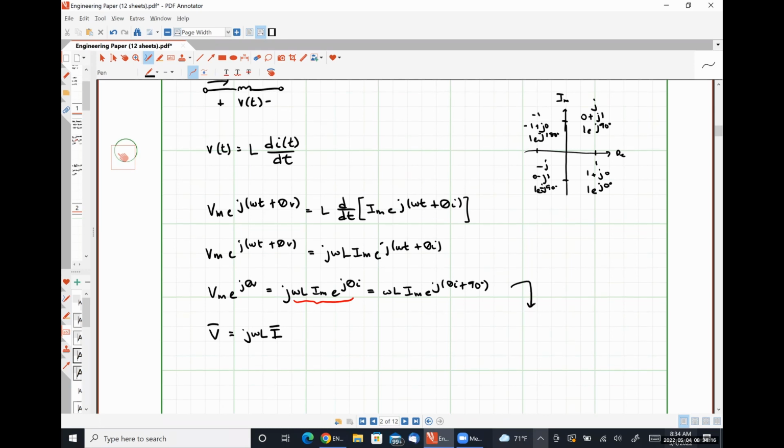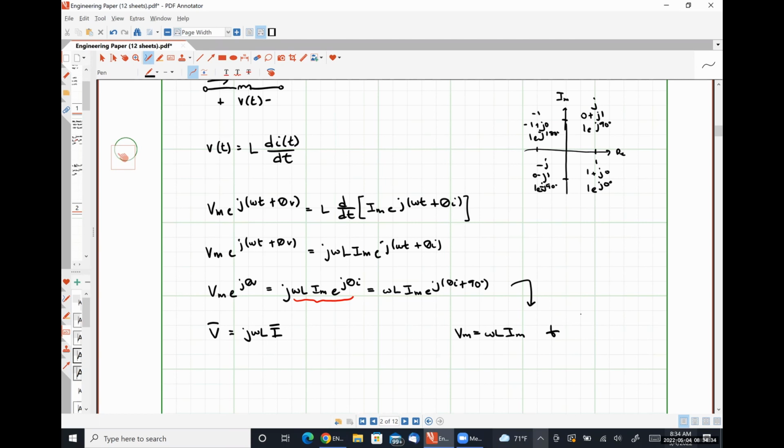From this, we can see that Vm is equal to omega L times Im. The magnitude of the left-hand side has to equal the magnitude of the right-hand side.